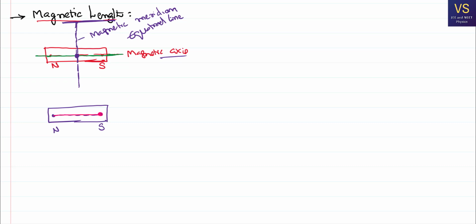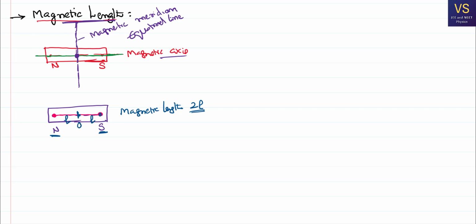We generally treat these things in such a way that, since the two poles are opposite in nature, their ability of attraction or repulsion is equal but opposite to each other. That's why from the center O to one pole, people measure the length as L, and from the center to the other pole, another L. So magnetic length is generally represented as L plus L, 2L.